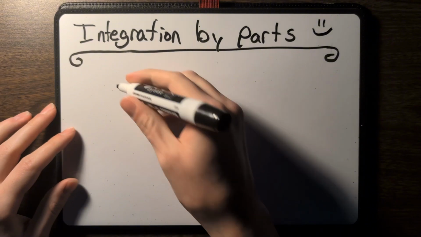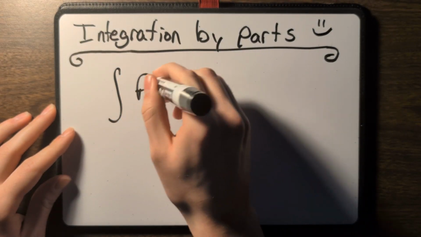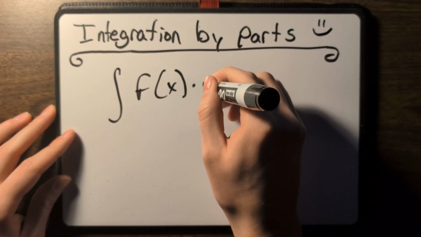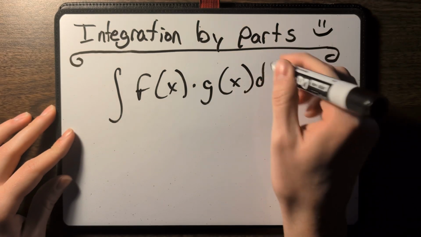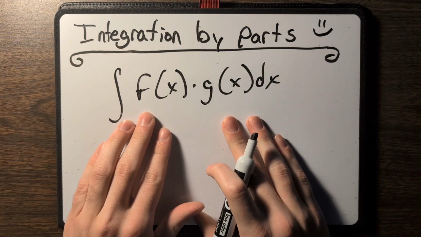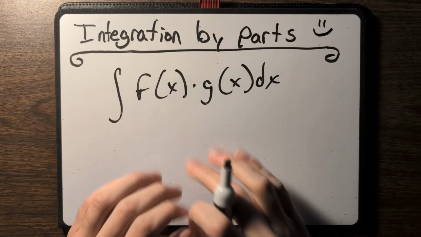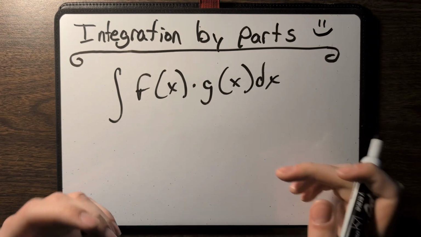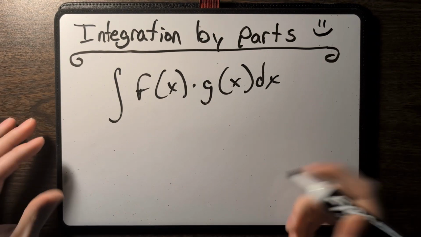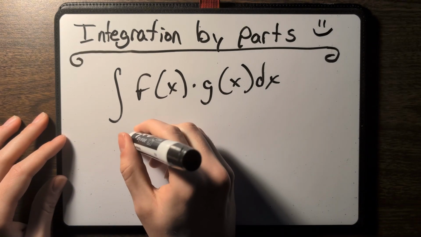So when we encounter an integral with two functions that are being multiplied together that have nothing in common, we have to follow this sort of formula.